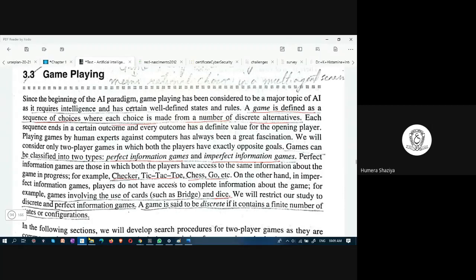Therefore, it is not a perfect information game. In this chapter, we will study discrete and perfect information games. When do you call a game discrete? Well, when the game has a finite number of states or configurations, then it is known as a discrete game.